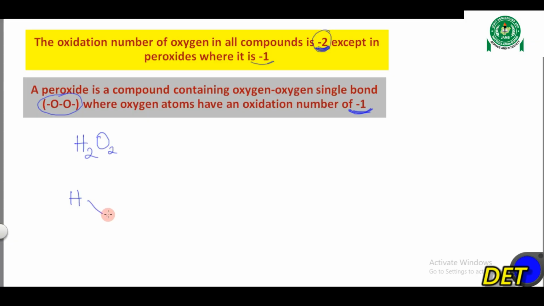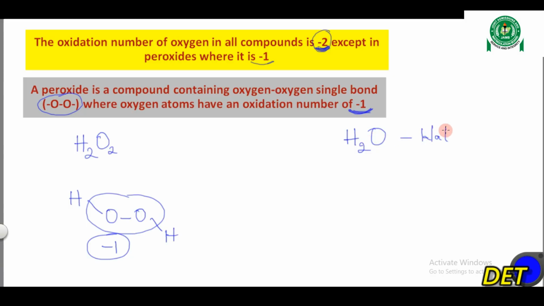And then you have the oxygen to oxygen single bond. And then you have your hydrogen here, right? So this is the oxygen to oxygen single bond. That is why it is called a peroxide. And the oxidation number of oxygen here is -1. Very important.